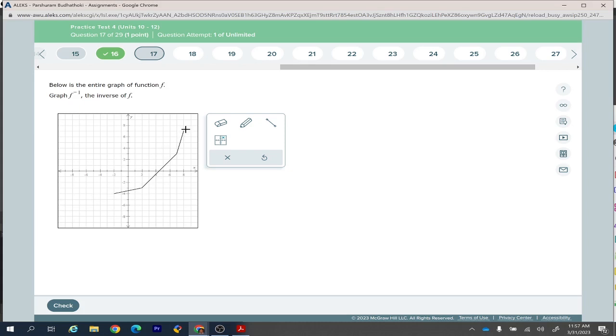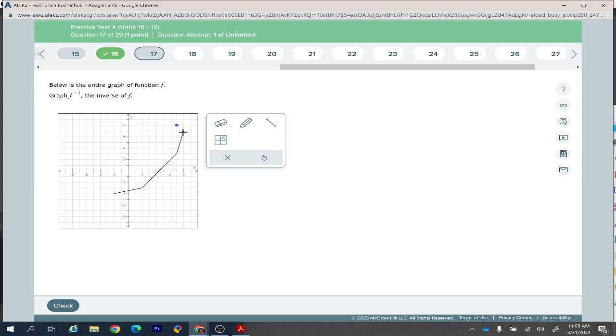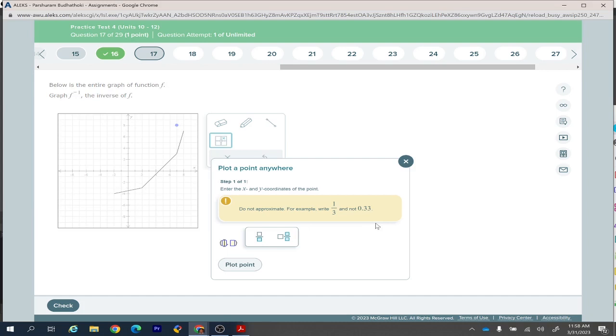The inverse of this point, which is 8 comma 7, is 7 comma 8. So I'm going to plot 7 comma 8. Do you see that? If you switch the x and y coordinates, 8 comma 7 becomes 7 comma 8. Now this point, 7 comma 3, becomes 3 comma 7.